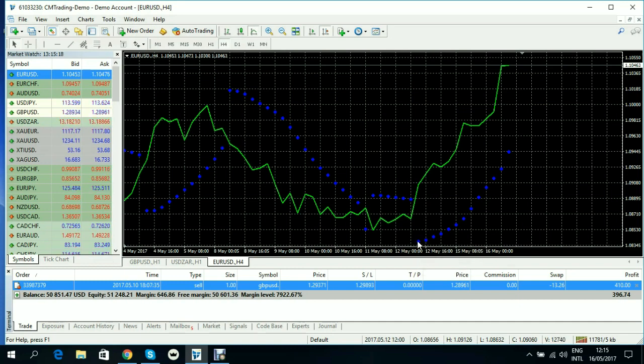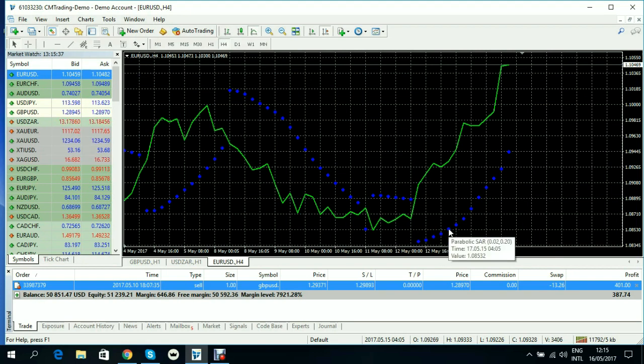The same thing for a buy. It's best to enter between the first, second, third, or fourth dot appearances. So always take note.